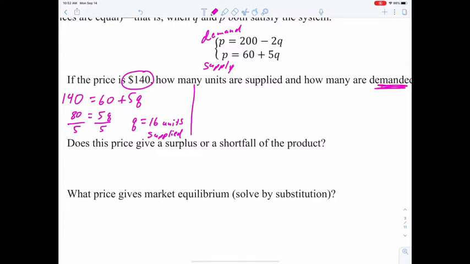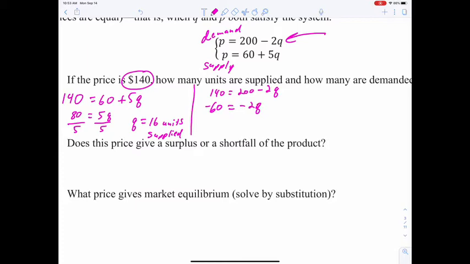Now they want to know what's the demand when the price is 140. So we do the same thing, but we use the demand equation on top here. So 140 equals 200 minus 2Q. Same process again. Let's get rid of the numbers first. Then we'll divide out to get the variable by itself. So we're going to subtract 200. Be careful, we're subtracting 200 from both sides. So you have 140 minus 200, which of course is negative 60, equals negative 2Q.